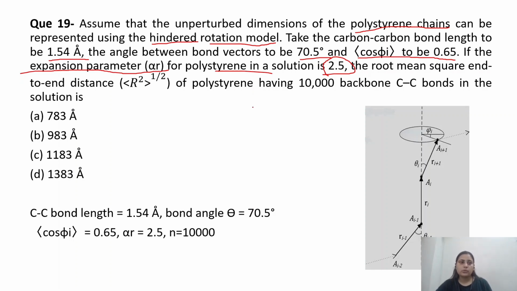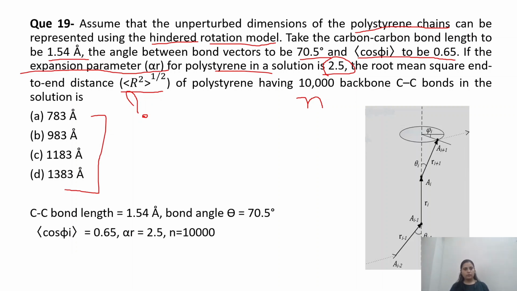The root mean square end-to-end distance we need to calculate for the polystyrene chain, which is having n value as 10,000. The different options are 783 angstrom, 983 angstrom, 1183 angstrom and 1383 angstrom. Let's solve this question and see which option is correct.